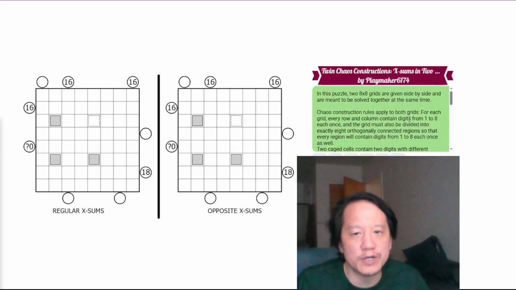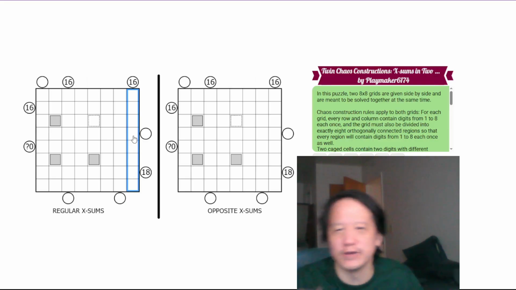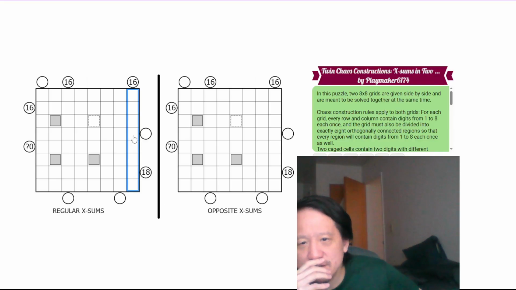For each grid, every row and column contains digits from 1 to 8 each once. That's a very weird way of putting it.